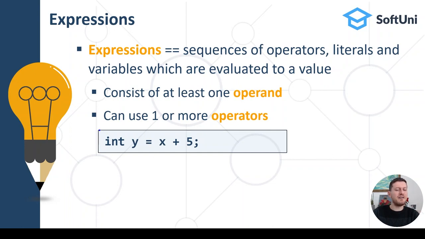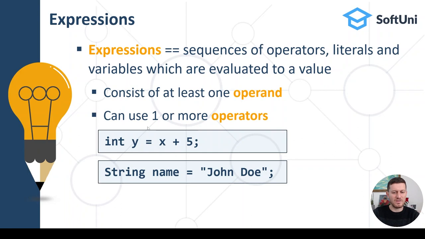So we have here an expression, and we have here an assignment, and here we have a variable declaration. So this statement is a combination of many things: of assignment, of declaration of variable, and of expression, calculation of expression.